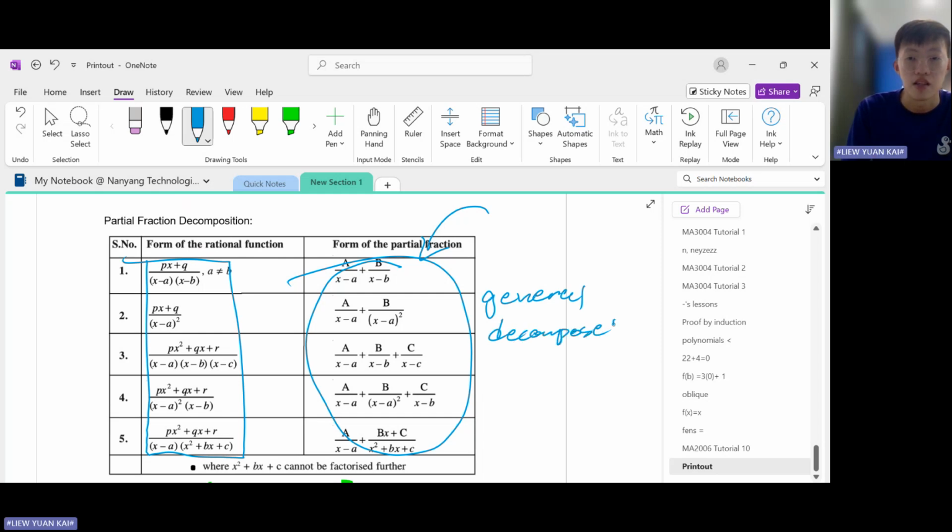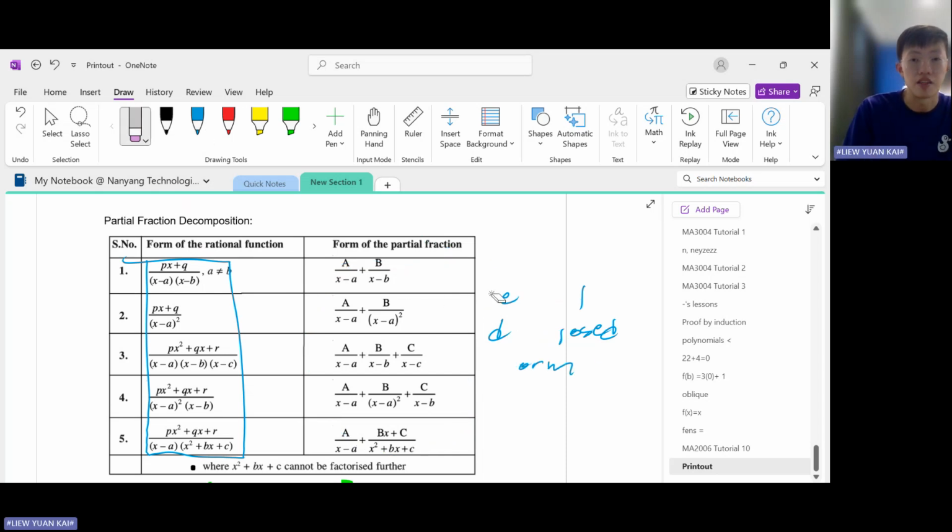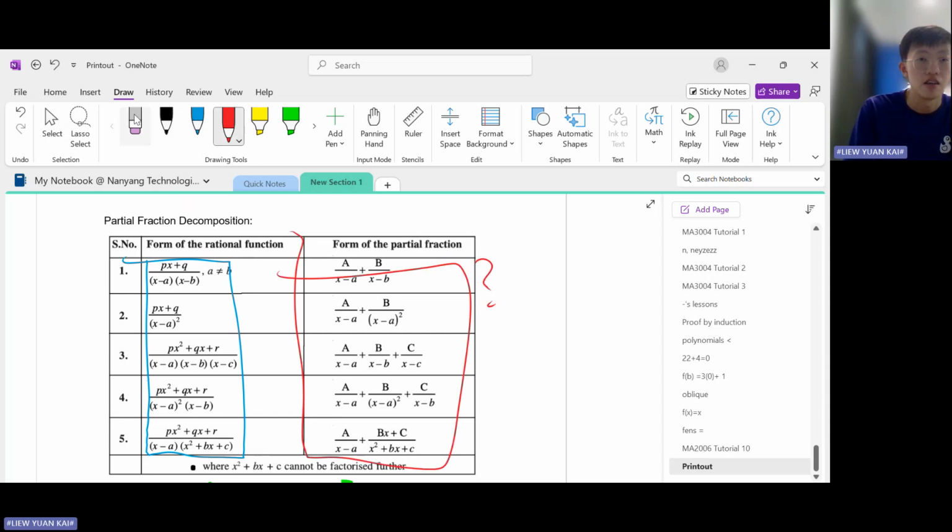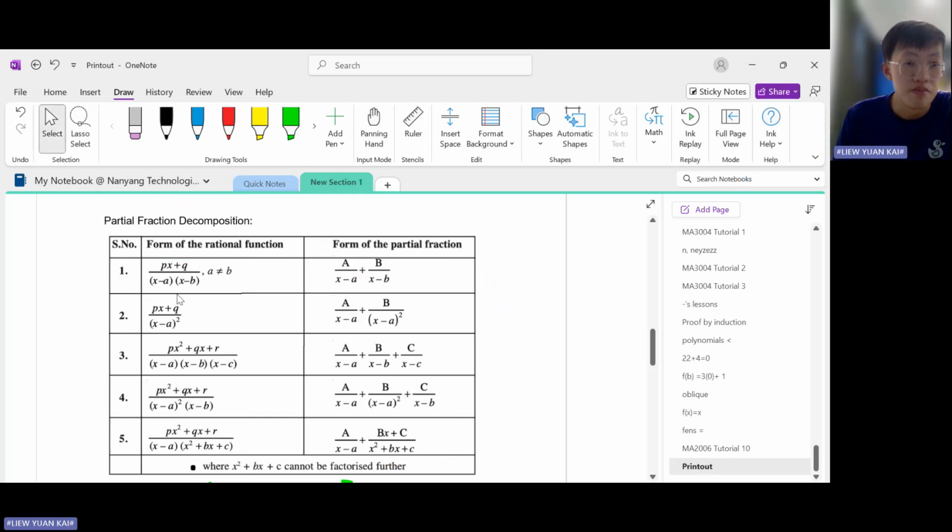Decompose means you break it down. So how do we write this? This is a mysterious question of how to write this. Let's take a look at the left-hand column.